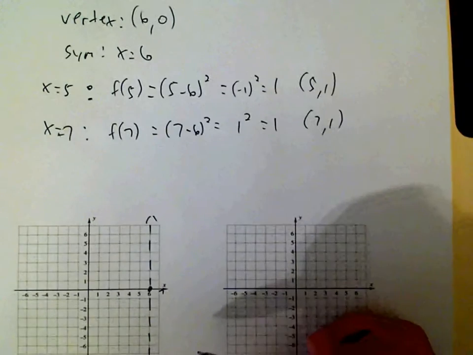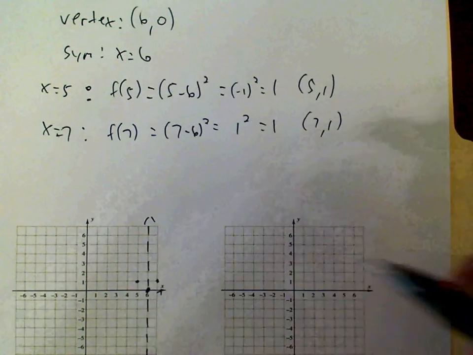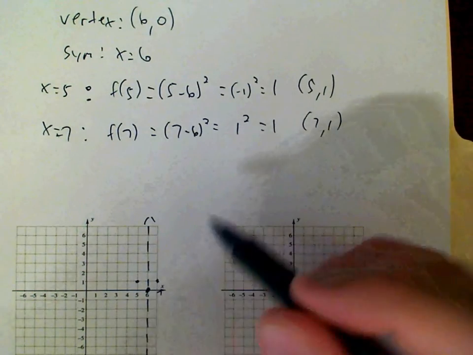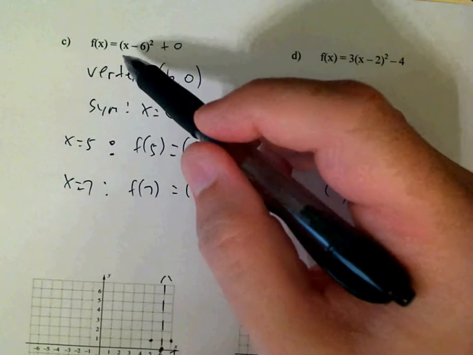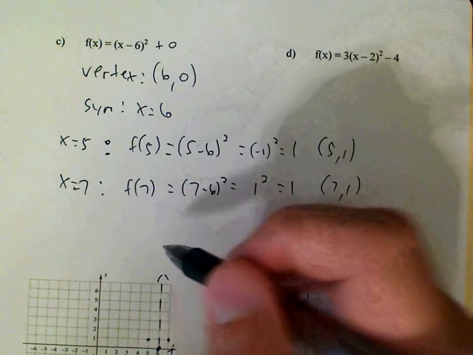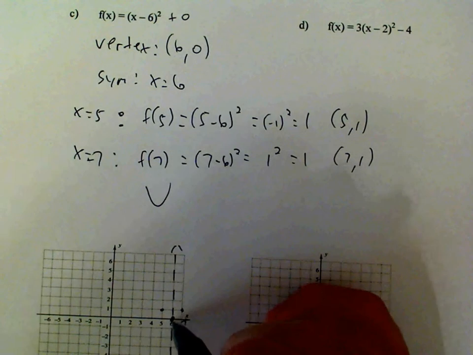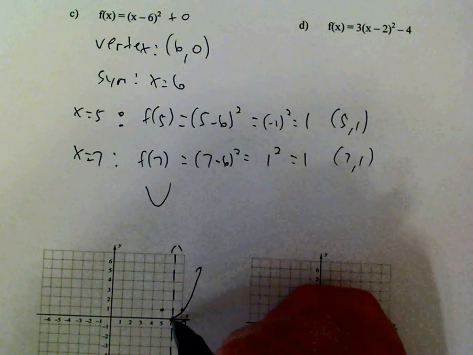So I'm going to plot those 2 points. 5, 1 is right there, 7, 1 is right there. What we would expect, because the number in front of the x squared term is a positive value, is that it's going to go upward. So no surprises. Just drawing our U shape of parabola.